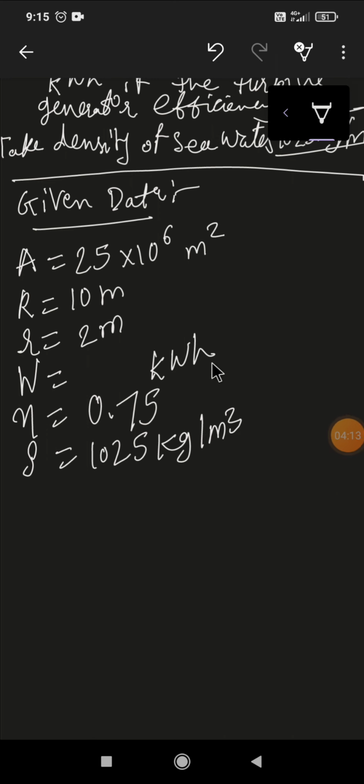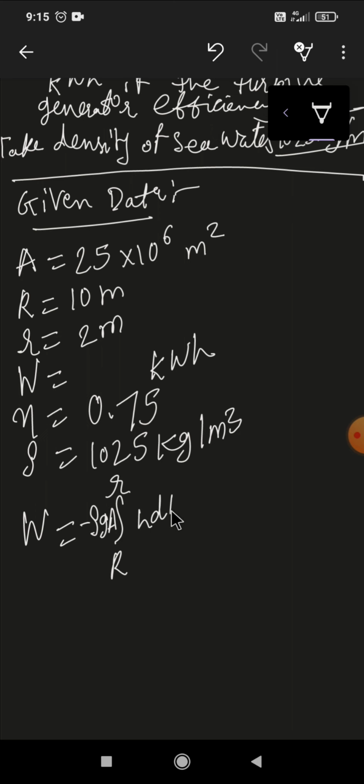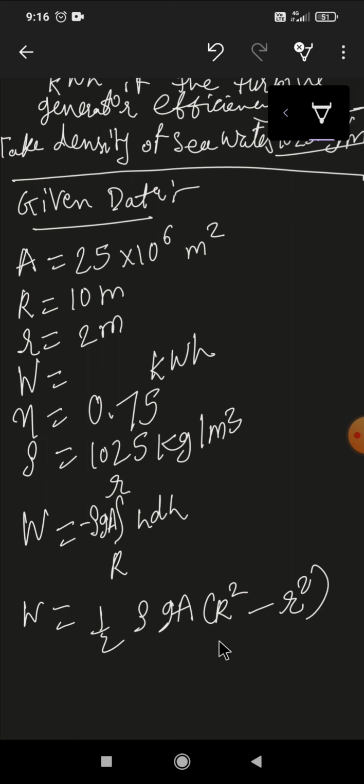So the total theoretical work W will be equal to the integral from capital R, the range, to where the turbine stops working, r, of minus rho g A into H dH. So this will be equal to 1 by 2 rho g A into R square minus r square.